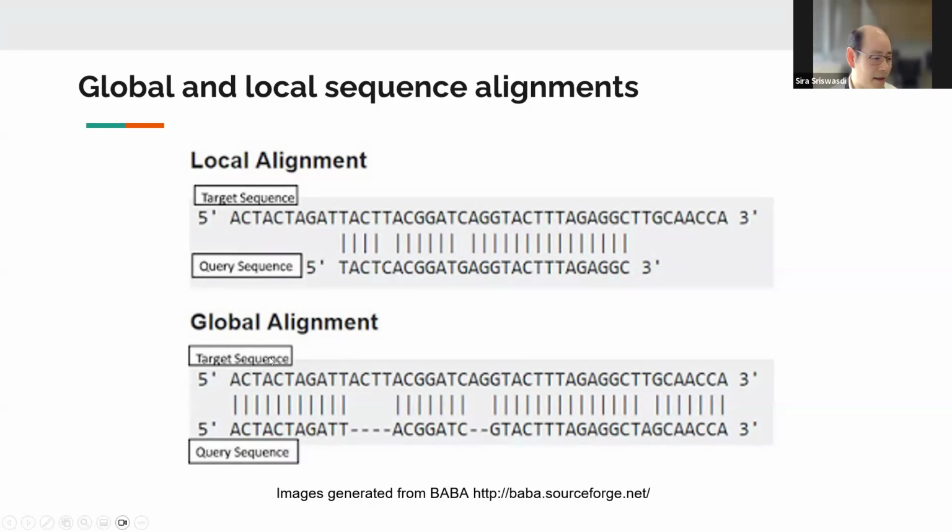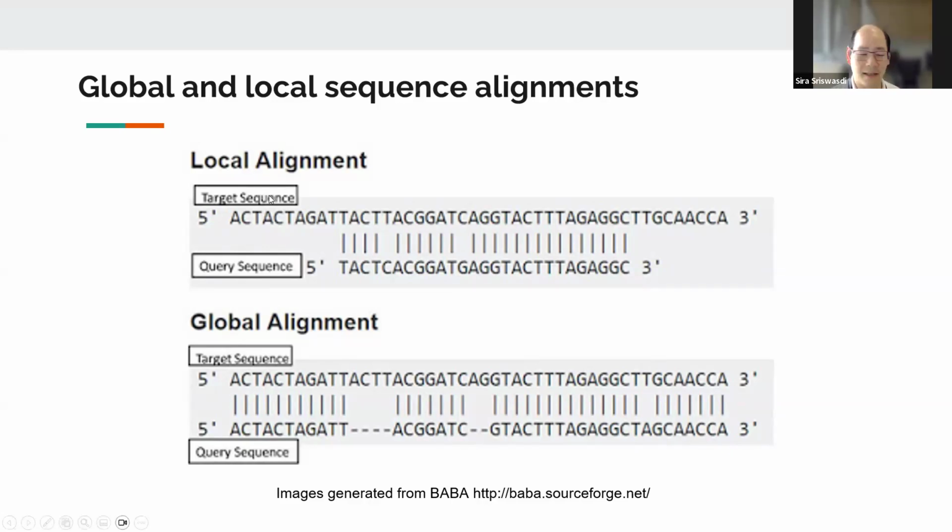When it's a global alignment, you are expecting that your query sequence and the target sequence in the database are of the same length. So you expect that you have the whole sequence, basically. Global here means that the alignment expects the start of your sequence to be roughly similar to the start of the target sequence, and the end of your sequence will be similar to the end of the target sequence. You can see that the alignment can occur throughout the whole sequence.